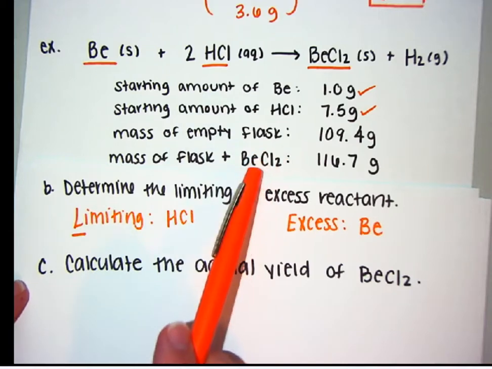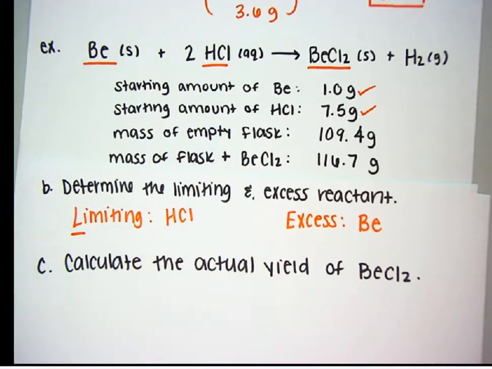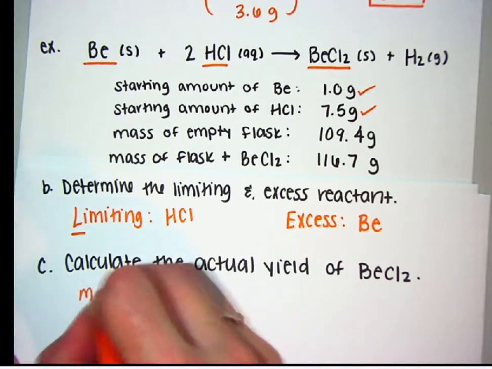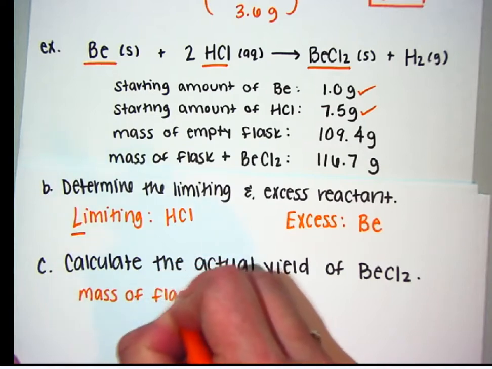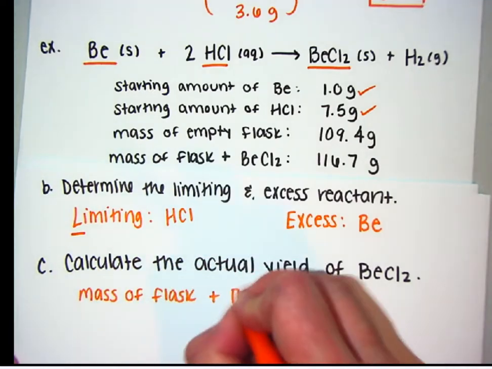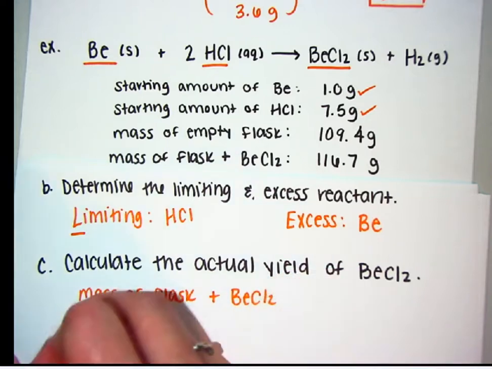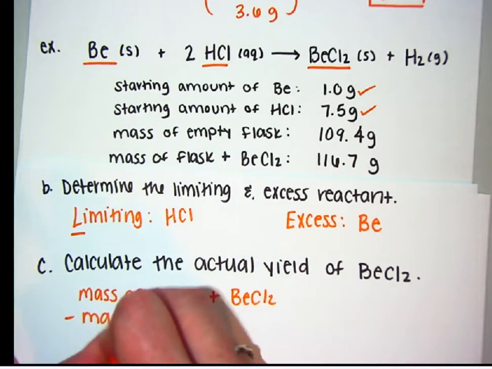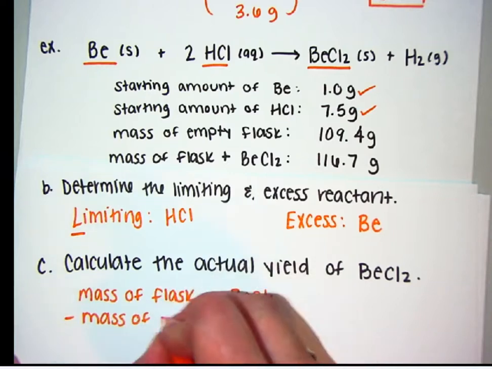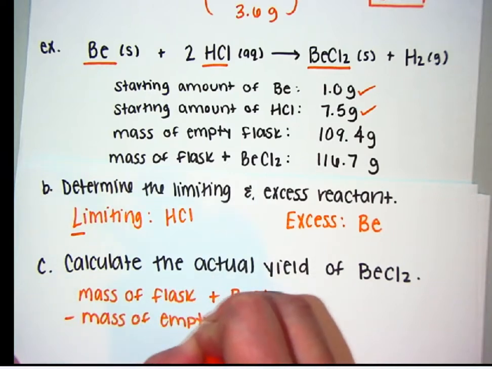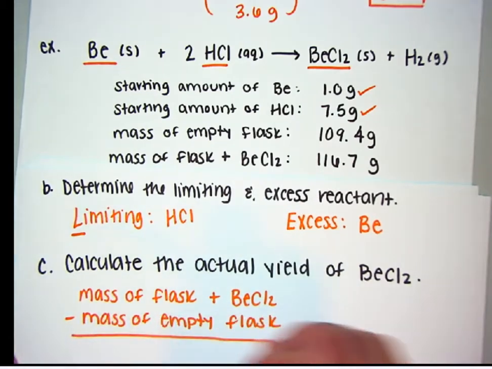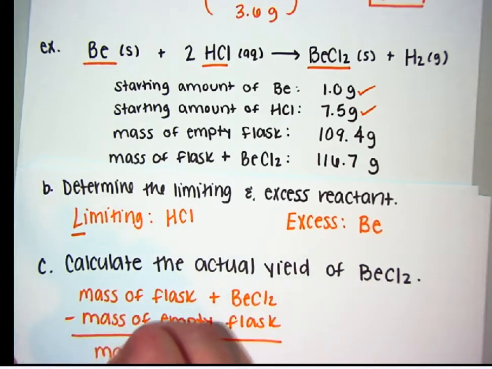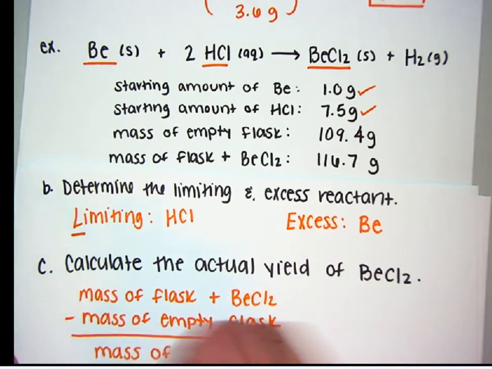I want to know what is just the mass of the beryllium chloride that we made in the lab. So what we can do is if we take the mass of the flask plus beryllium chloride and you subtract out the mass of just the flask, that would give you the mass of our product.